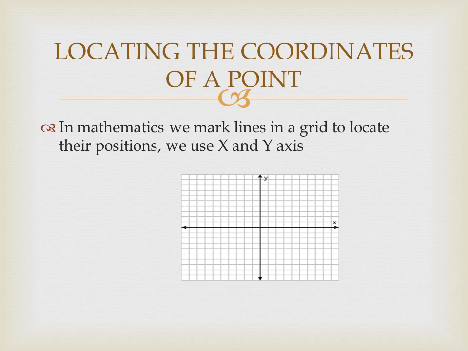On your right hand side, the numbers are positive for the x axis. On your left hand side, they are negative numbers. The y axis up there is positive, then the south or down there has negative numbers.